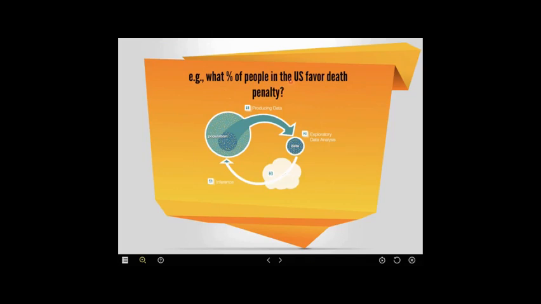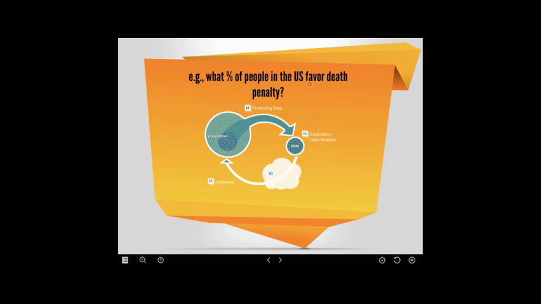So the question is about people in the US, and specifically about people's opinion about death penalty. So people's opinion about death penalty can be called a variable. A variable is something that changes from place to place, or person to person, or from time to time. So one's opinion about death penalty is such a variable.